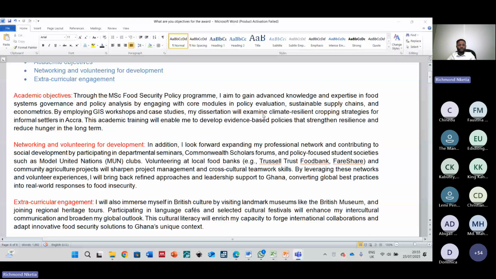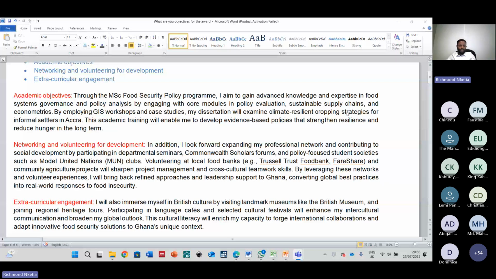And you do models on policy evaluation, sustainable supply chains, and econometrics. Yes. And by engaging in these core models, you aim to gain transferable skills in food systems governance and also in food policy analysis, which will be relevant to what you want to do back there.